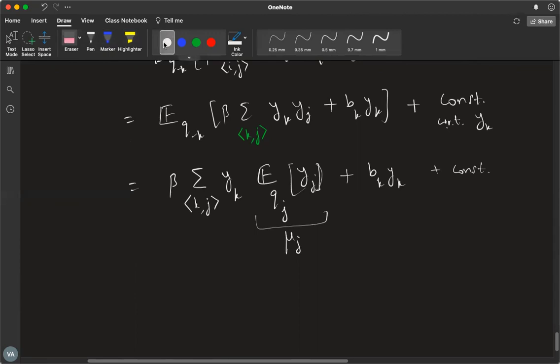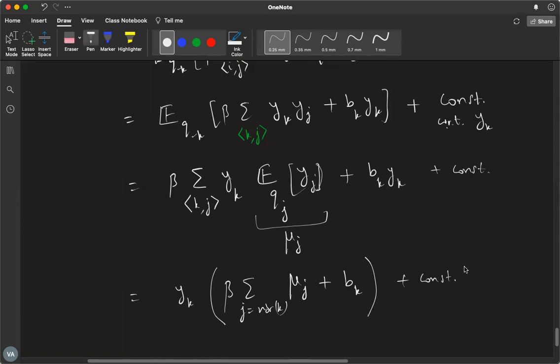This is yk times beta summation over all j in neighbors of k of mu j, plus bk, and yk has been taken out as common, plus some constant which we are not concerned with.